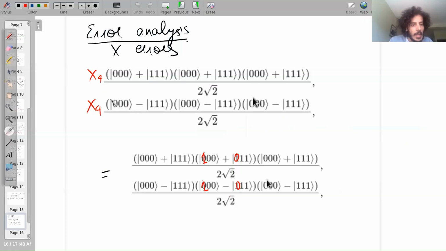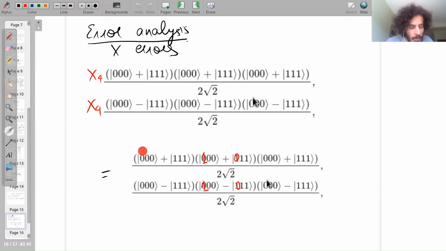To detect X errors, we are going to compare the value of adjacent qubits in each of these blocks. So we will compare the value of the first 2 qubits in this block of 3 qubits. I'm going to ask, is the value of the first 2 qubits the same?